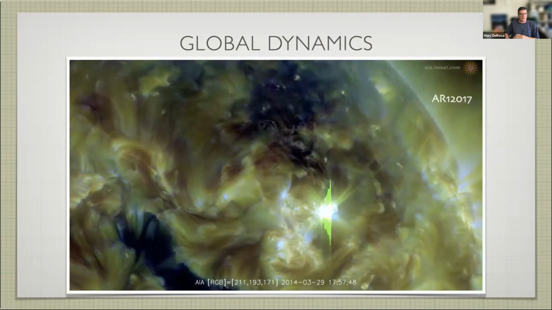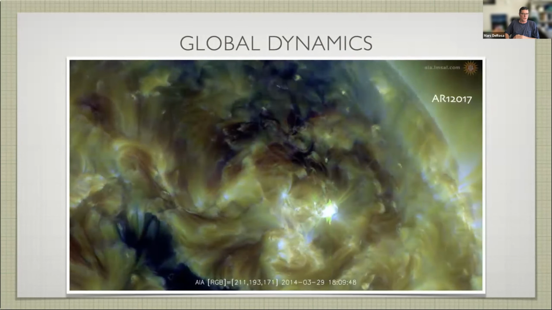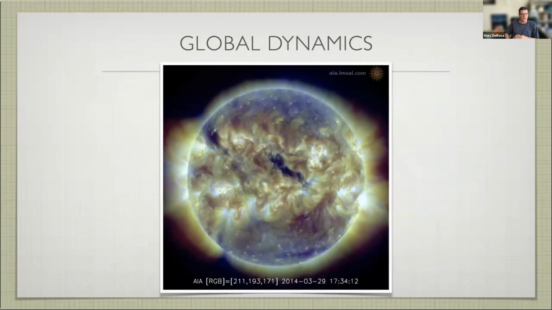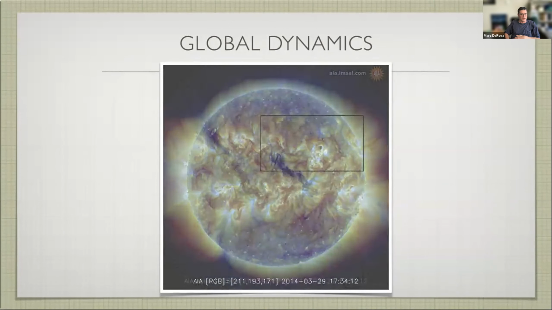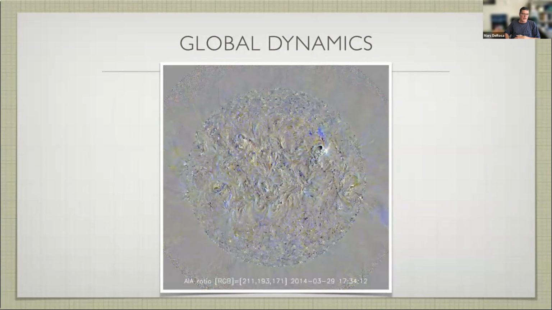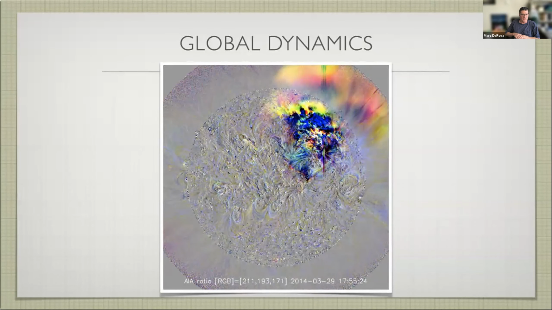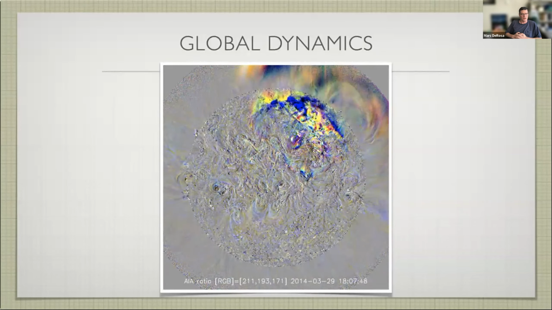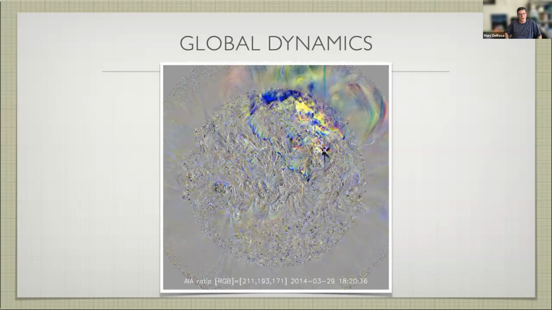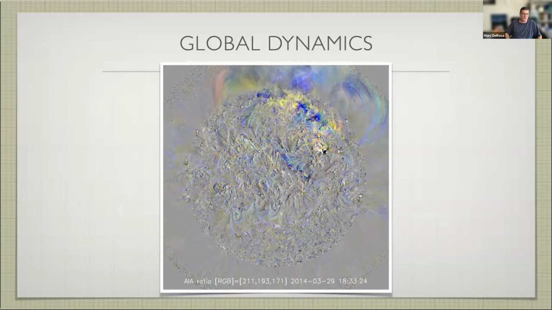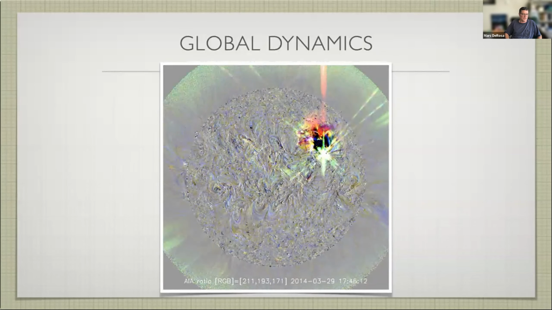By itself this looks somewhat localized, but if you look on larger scales, here's the full image, and you do one of these difference images, you'll see that when that flare went off, the blast wave actually goes a pretty far distance, at least along the photospheric and then the coronal regions, from the location of the flare.